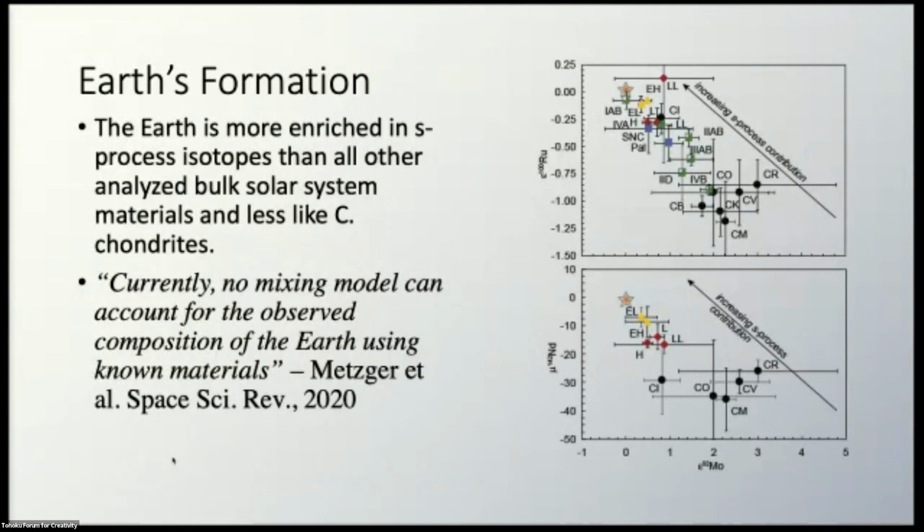Okay, but there's other problems here, and that is that we have all these different kinds of meteorites, all of them different, and there's no way you can mix them together and make the Earth. The Earth, in fact, is richer in S process material than all the other things we have. So S process produced in red giants. So there's a missing ingredient here.